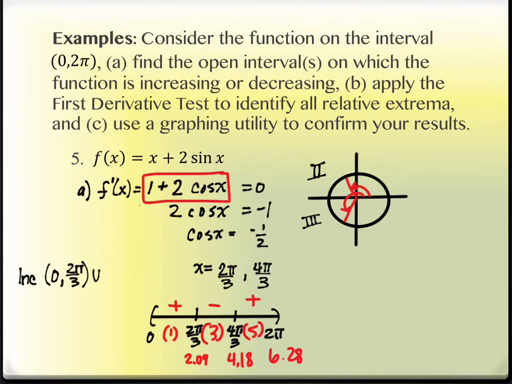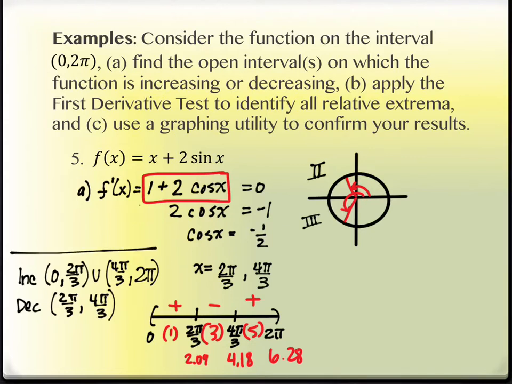And then it picks up increasing again in the last third, at 4 pi over 3 to 2 pi. And then in between there, it's decreasing. So it's decreasing from 2 pi over 3 to 4 pi over 3.